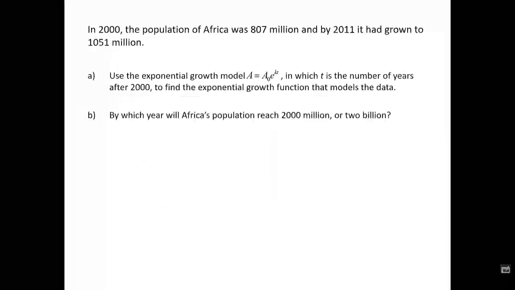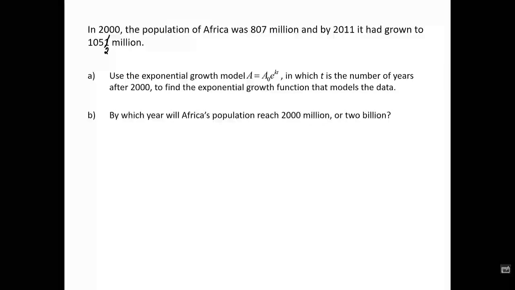Let's look at an example. In 2000, the population of Africa was 807 million, and by 2011, it had grown to 1,052 million. This is checkpoint number 1.